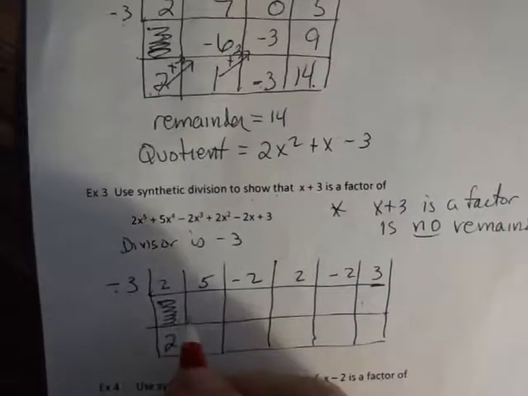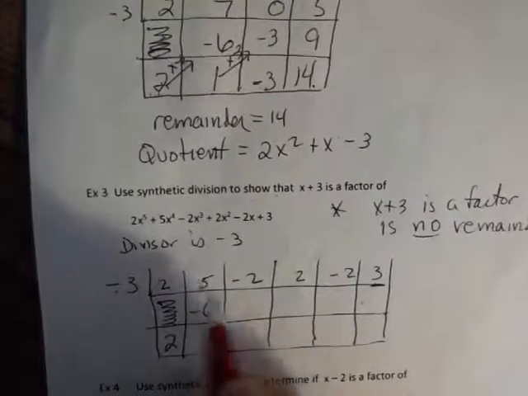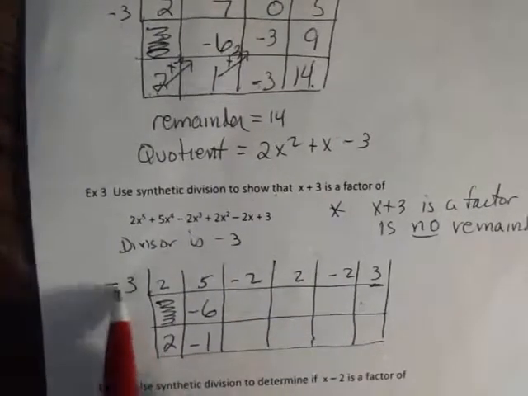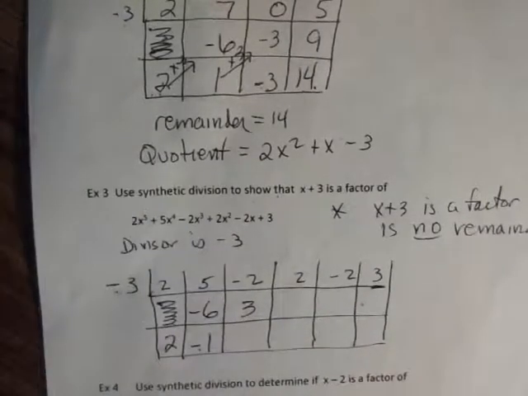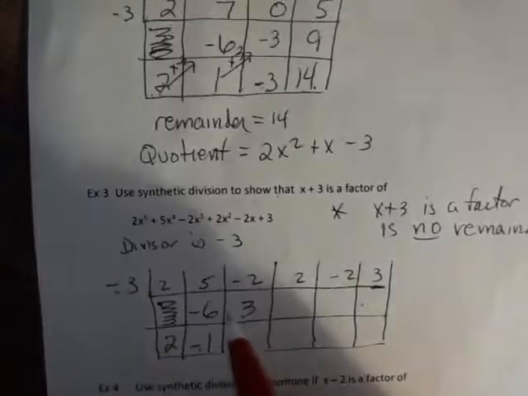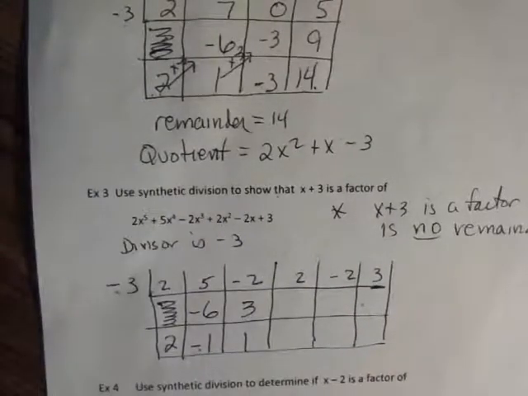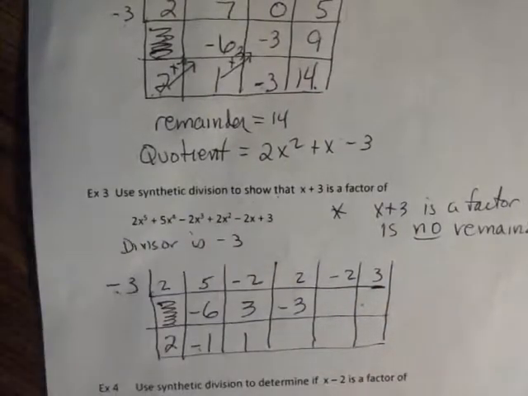Negative 3 times 2, negative 6. Combine like terms, watch your sign. Negative 3 times negative 1, positive 3. Combine like terms, 3 minus 2, again, is positive 1. Negative 3 times 1 is negative 3.